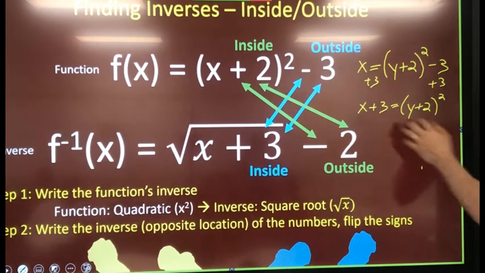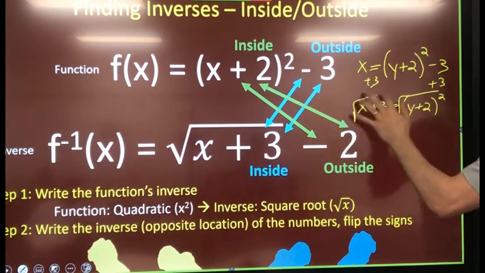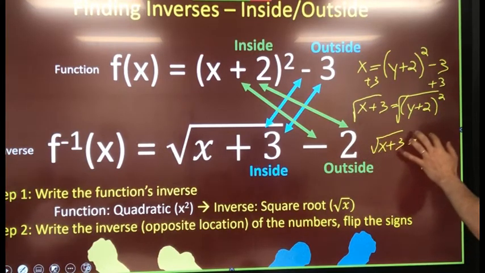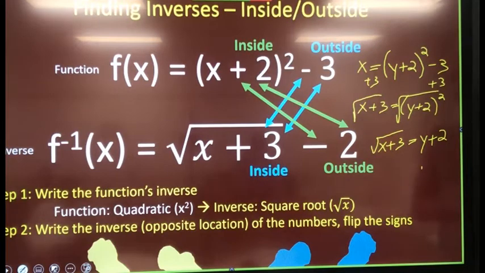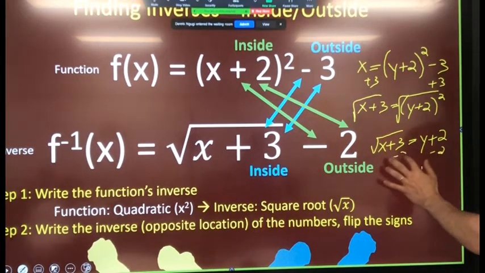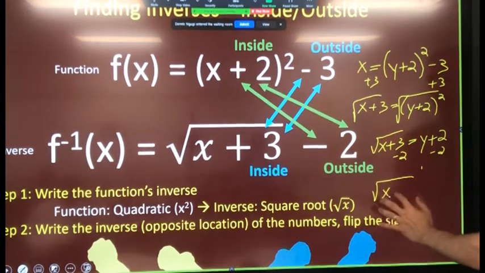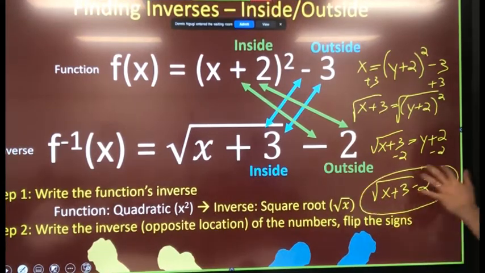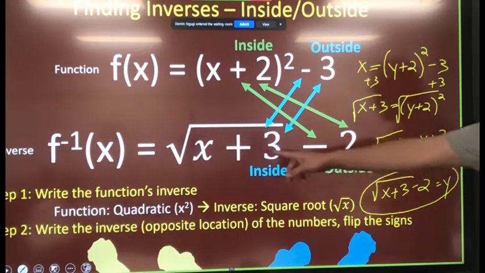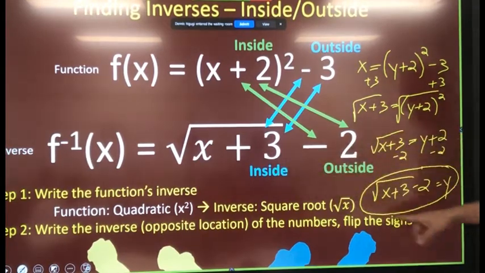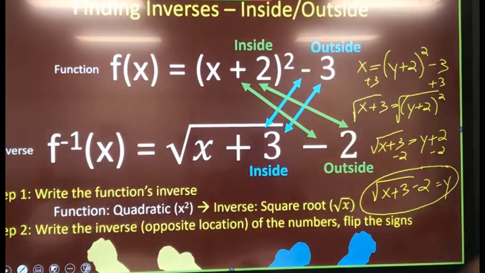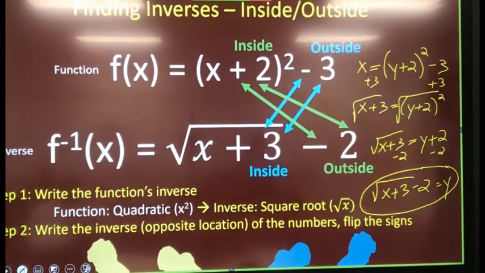How do I get rid of a square? Square root. So I get the square root of x plus 3 equals y plus 2. And now, last but not least, subtract 2. Square root of x plus 3 minus 2 equals y. There's my inverse. But I saved myself a lot of time and work by just identifying where something starts and where it's going to end up in the alternate dimension, that mirror universe.